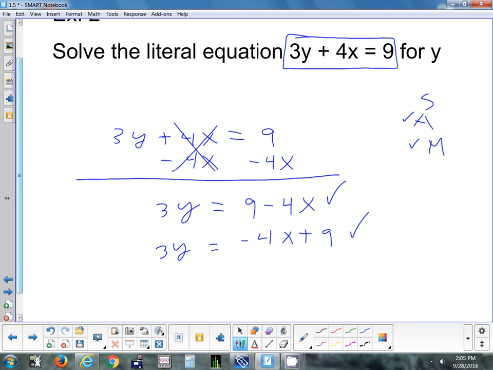What's next to the y that I don't want there? 3. Yeah, we want to get rid of that 3. So since the 3 is right next to the y, what operation do I have right here? 3 times y. What's the opposite of times? Yeah, we're going to divide. So we're going to divide by, help them out, what number?